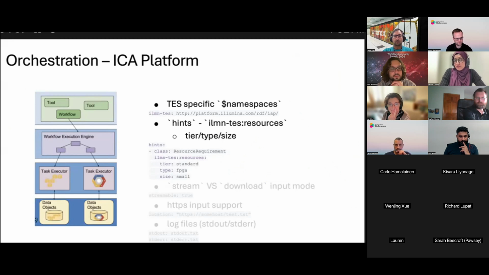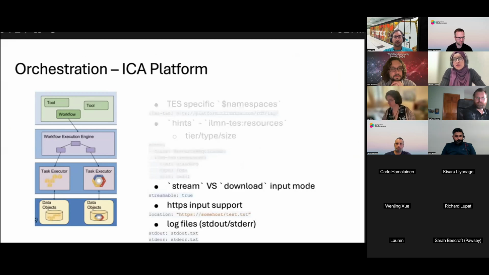What are some of the benefits of using this orchestration platform? It's cloud-based. You can use different workflow execution and task execution services to enable your analysis. You can use resources, as with cloud, you can specify what type of instances you want to work with. Johan or Sean, one of these two people, mentioned streaming versus download.